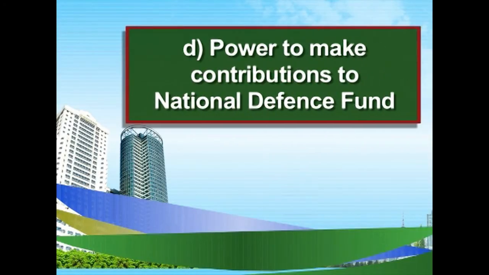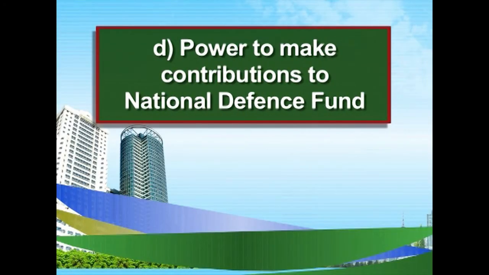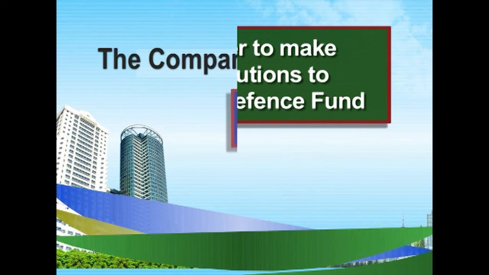Contribution should be sanctioned by a resolution of the company's board of directors, and that will be sufficient authorization for all-round validity. Only exception to this rule is government companies and companies which have been in existence for less than 3 years.